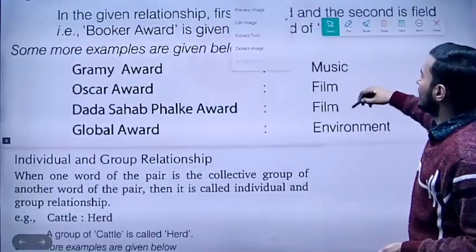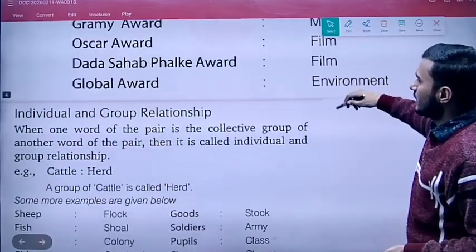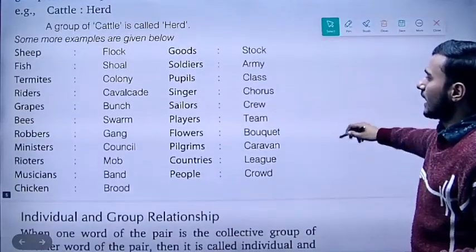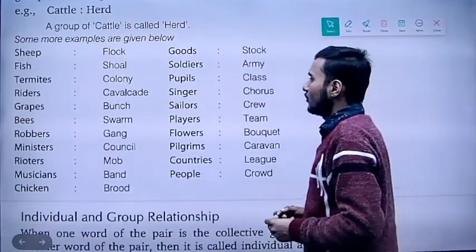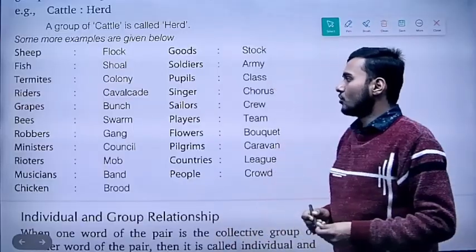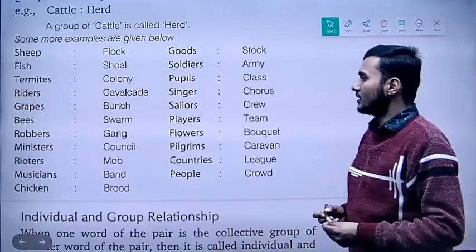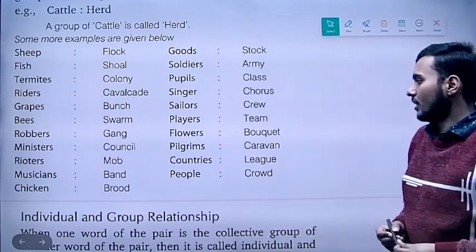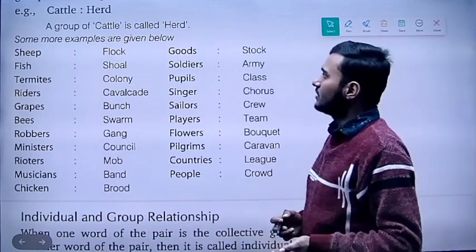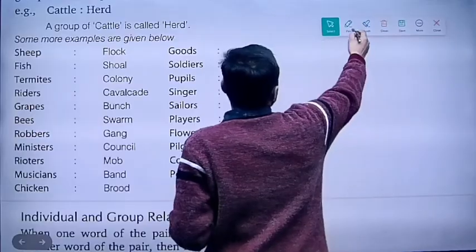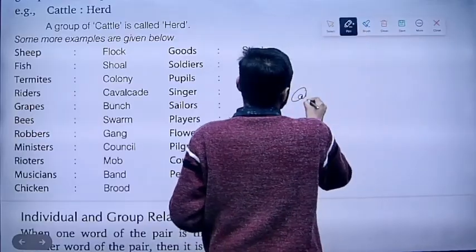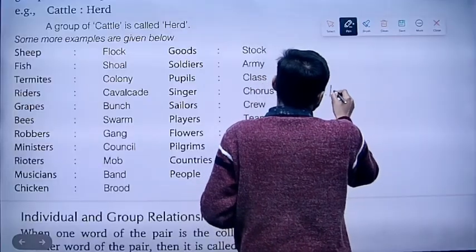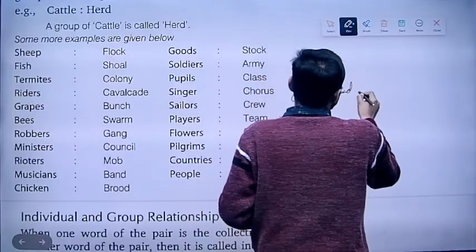So if we look at another example like individual and group, you find questions like a rider is equal to cavalcade, so grapes is equal to what? We have to answer bunches. Or minister is equal to council, and then chicken is equal to brood. Or you find a question like cattle is equal to herd.